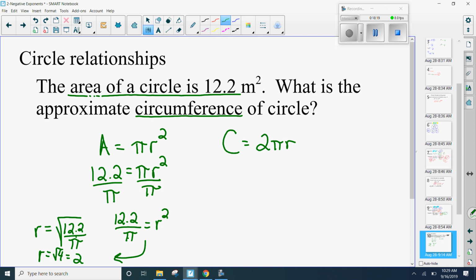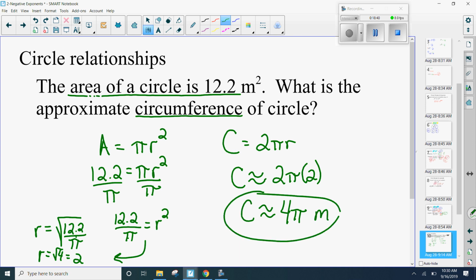You come over here, and what's your circumference approximately equal to? 2 times pi times a radius of 2, which is approximately equal to 4 pi, which is approximately 12.56, so that many meters, right? So you can approximate it.